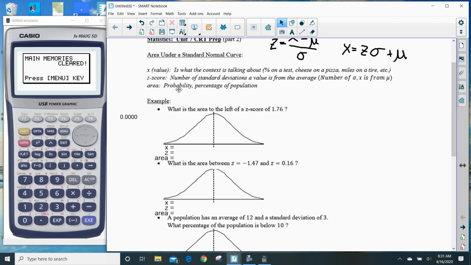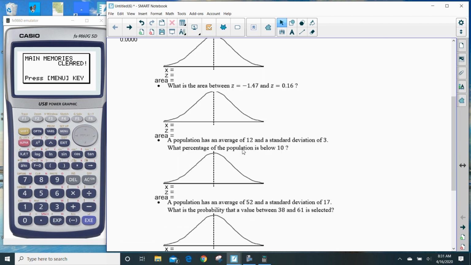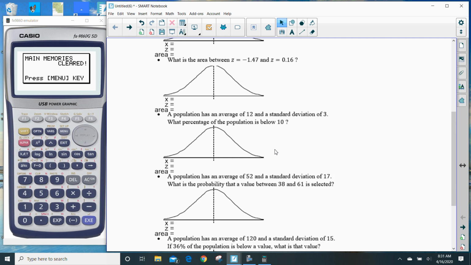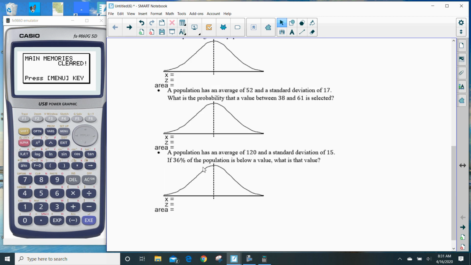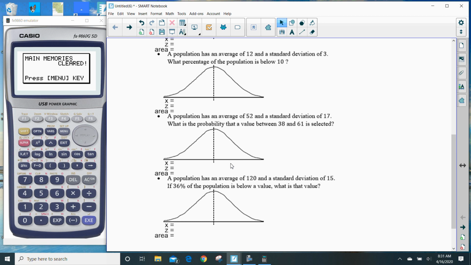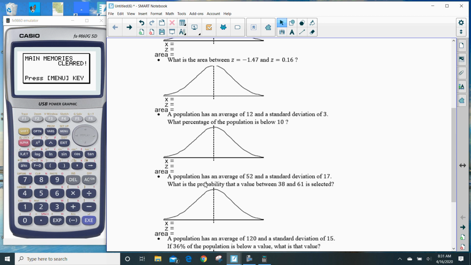Last but not least is the area. Area is a probability or a percentage, and we'll see some examples of those. For instance, what percentage of the population? They want to know what the area is. Like 36% of the population.